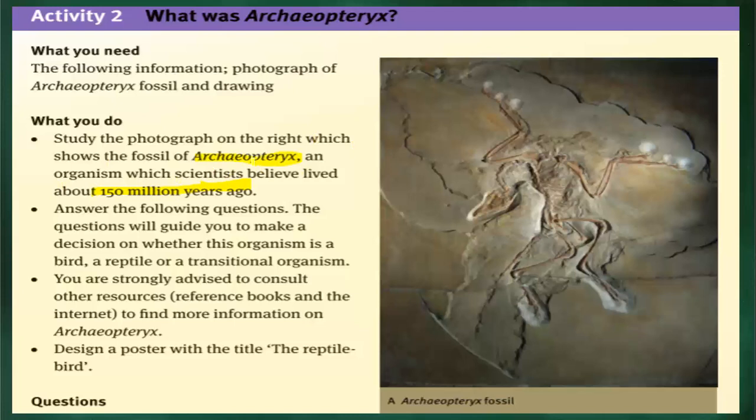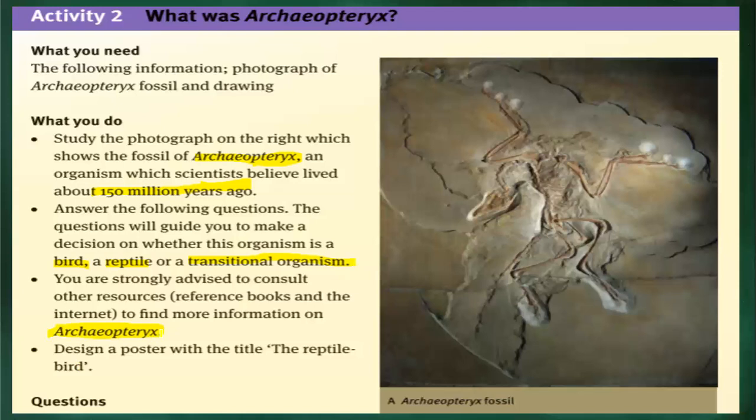The questions will guide you to make a decision on whether this organism is a bird, a reptile, or a transitional organism. You are strongly advised to consult other sources, like reference books and the internet, to find more information on Archaeopteryx. It would help you understand the topic much better.